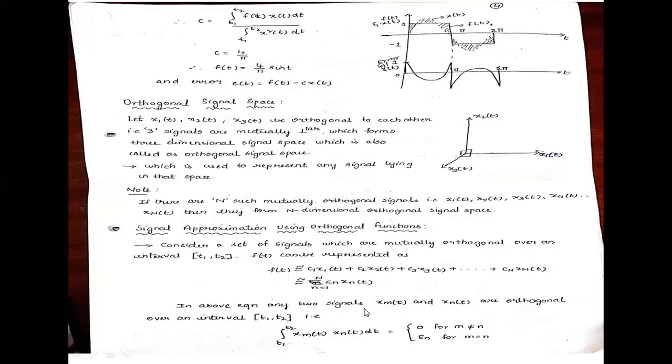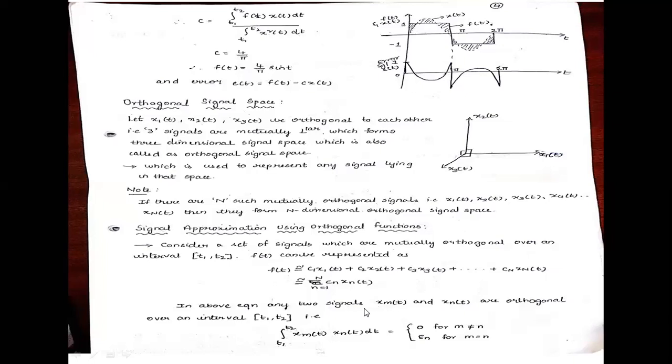We already derived the expression for the orthogonality of two signals, taking only the numerator: the integral from t1 to t2 of xm of t xn of t dt is equal to 0. When is it 0? When m and n are not equal.